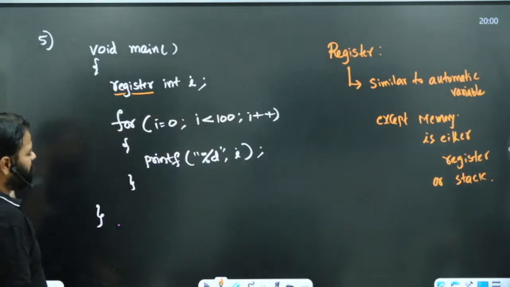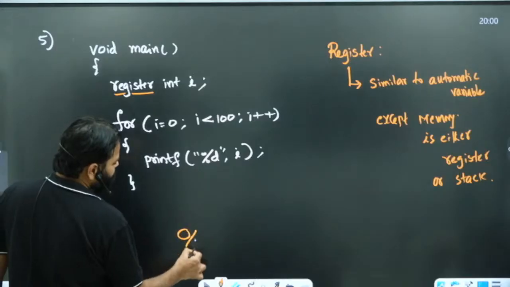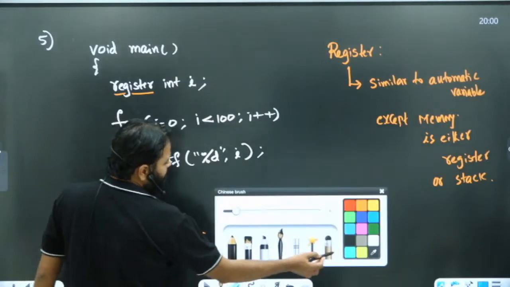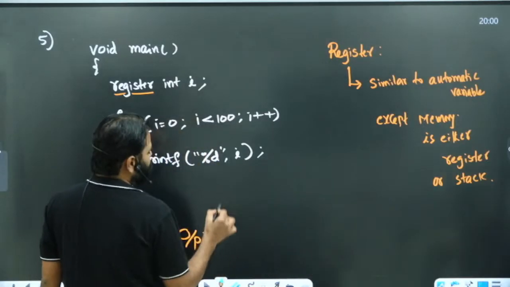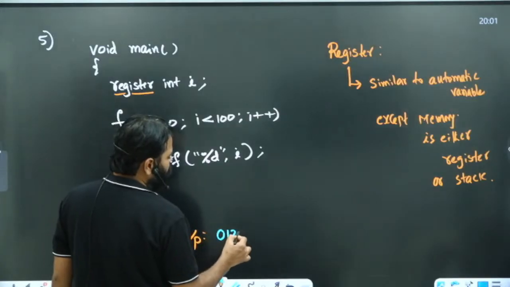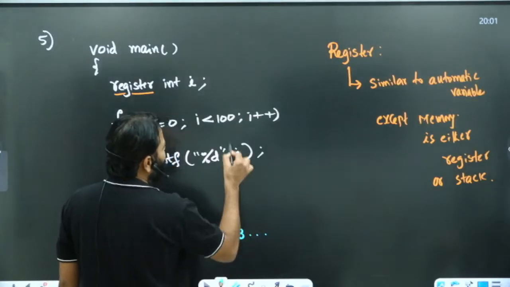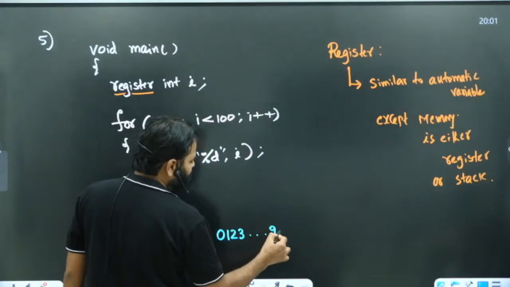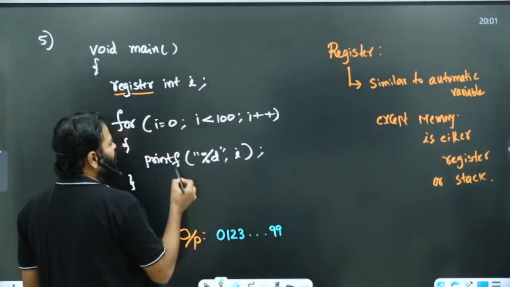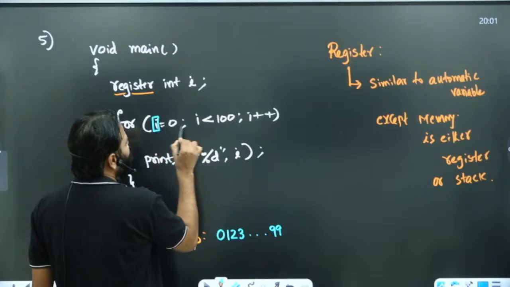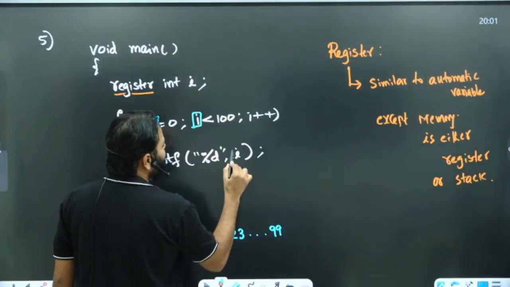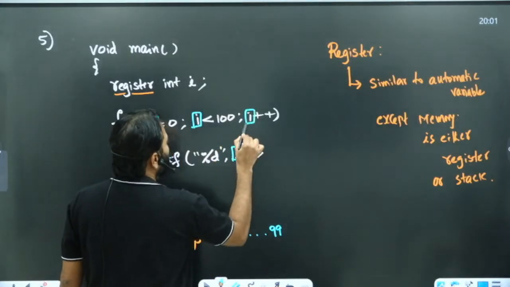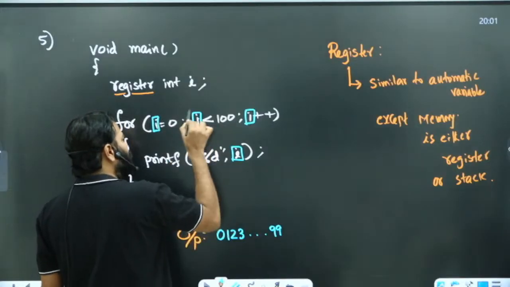The answer is, what is the output? It starts printing from 0, right? 0, 1, 2, 3 up to the last value of I, which is 99. The I you are accessing multiple times, one time, second time, third time, fourth time, and again.